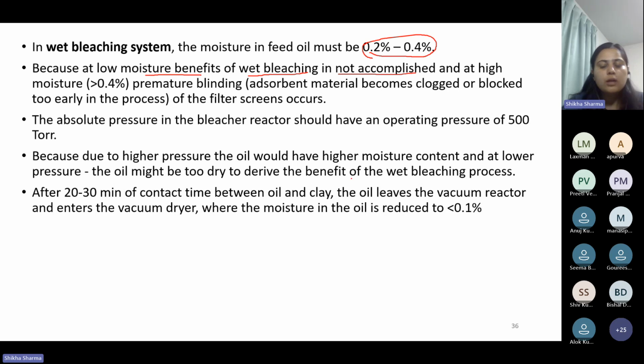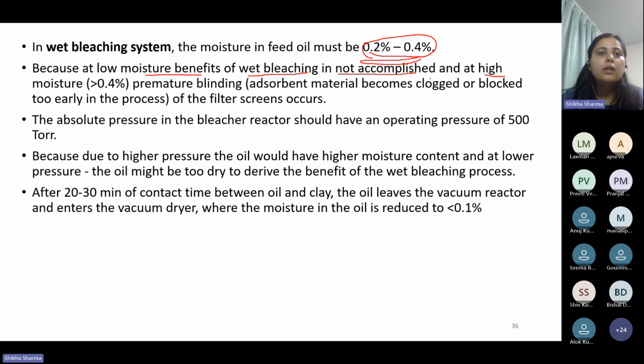So when we decrease the moisture very low, like less than 0.2%, we cannot get a good wet bleached product. So we should keep it in this limit, 0.2% to 0.4%.